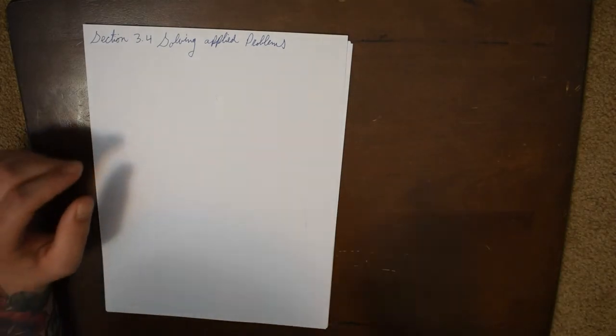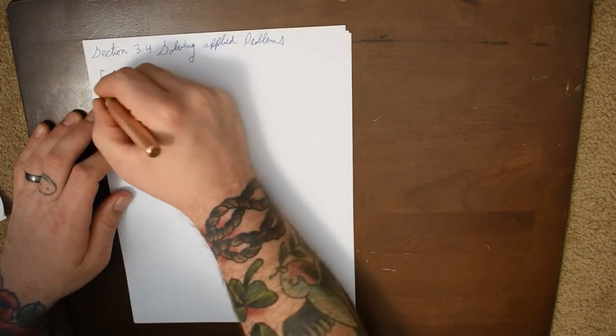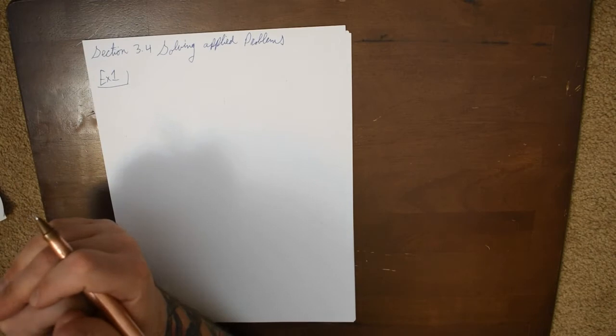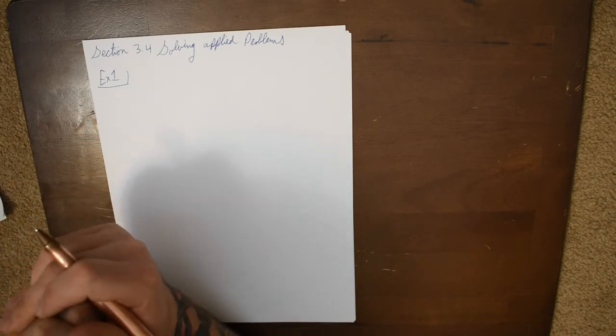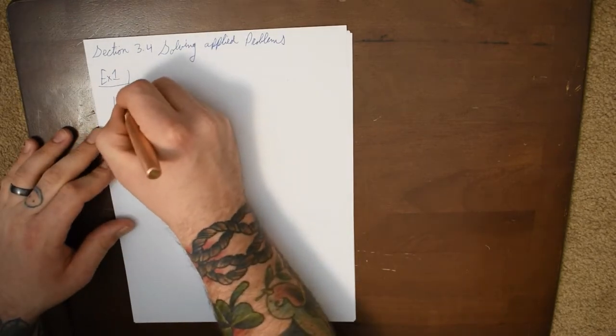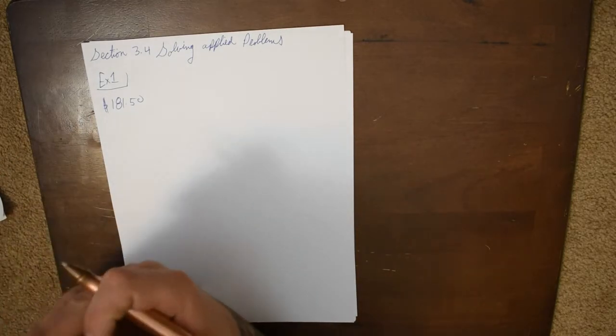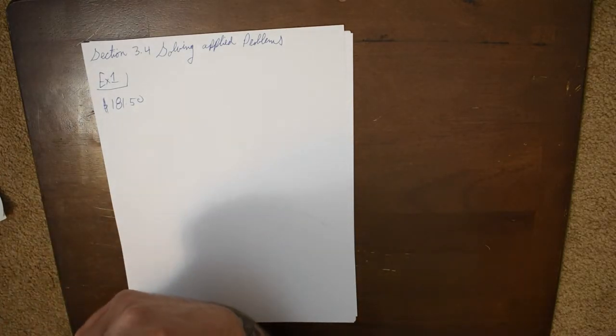So let's begin. This first problem we're going to do is going to be an example of a total value problem. Example 1. In order to pick up lunch, Kathy collects $181.50 from her co-workers for a total of 21 salads and sandwiches.